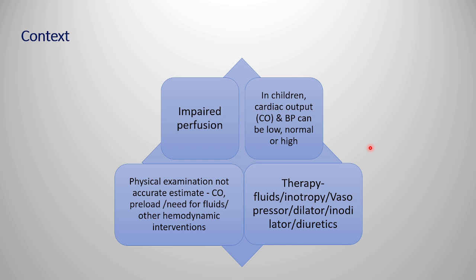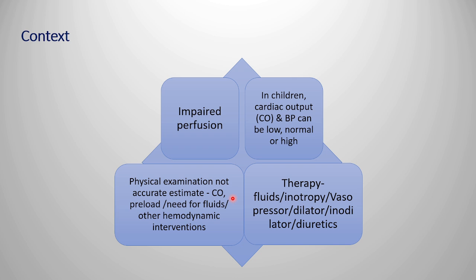So all sorts of situations occur. We know that physical examination may not always give us an accurate estimate of the actual cardiac output, or a good enough estimate of preload, whether we need to give more fluids or fine-tune our hemodynamic interventions.